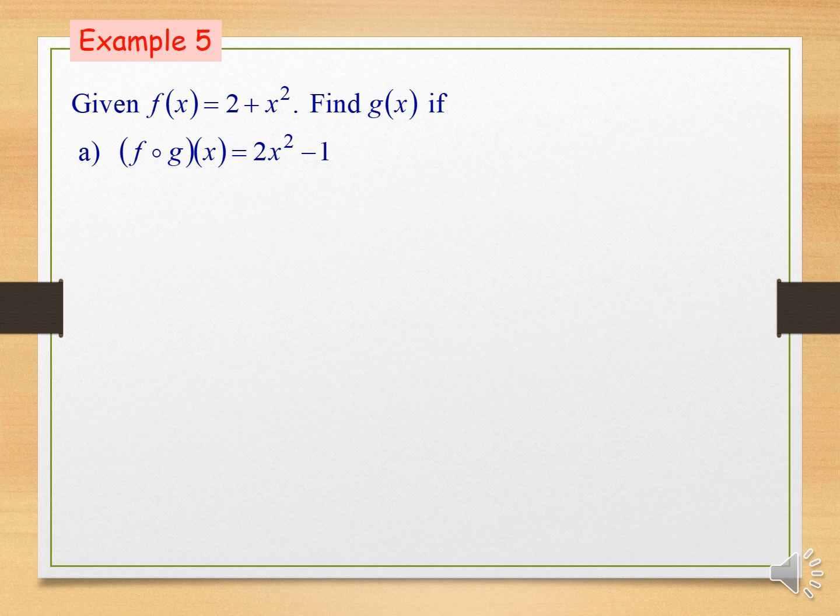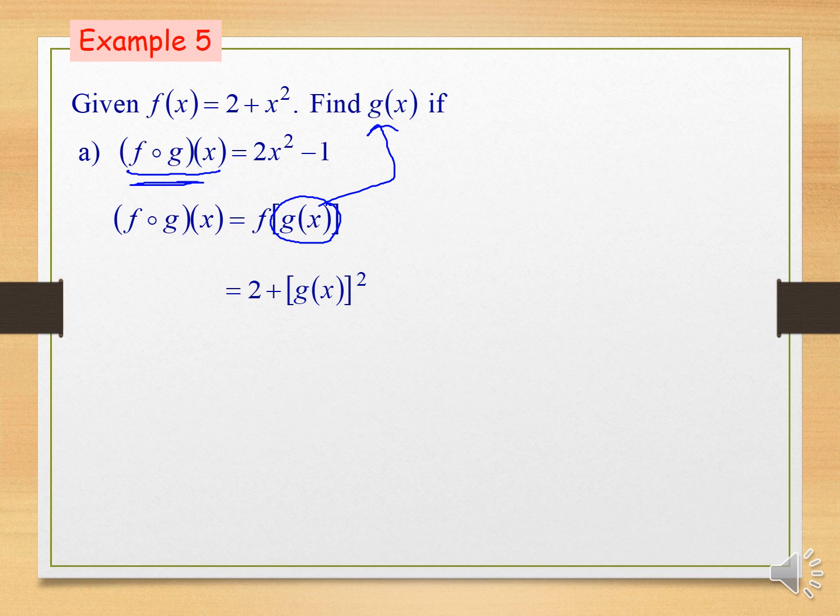Example 5. Given f(x) equals 2 plus x squared, find g(x) if f composite g(x) equals 2x squared minus 1. From this example, the composite function is given. Take the left-hand side from the equation. f(g(x)) equals f of g(x), where g(x) is the input, and this is what we want to find.